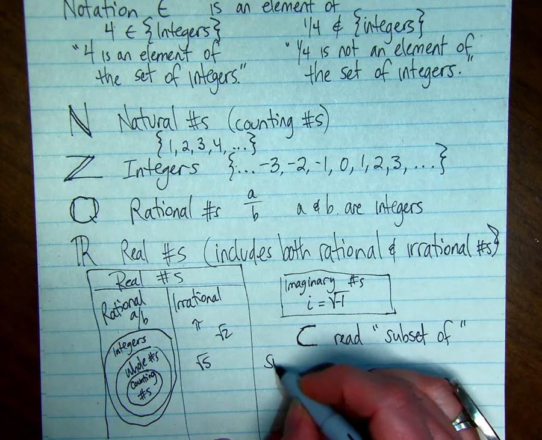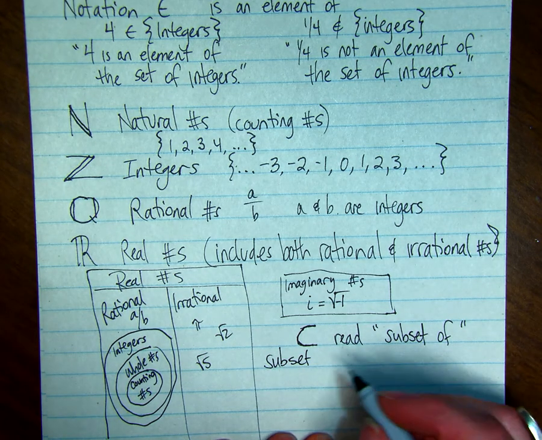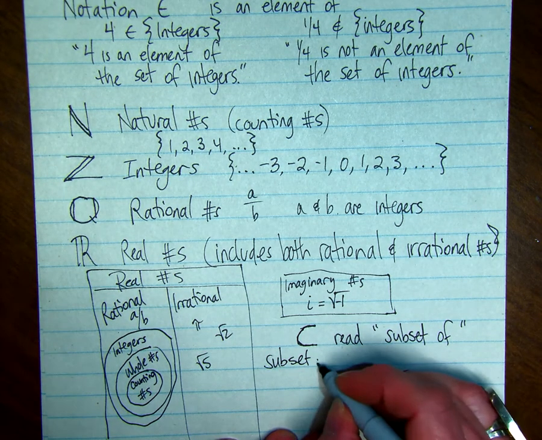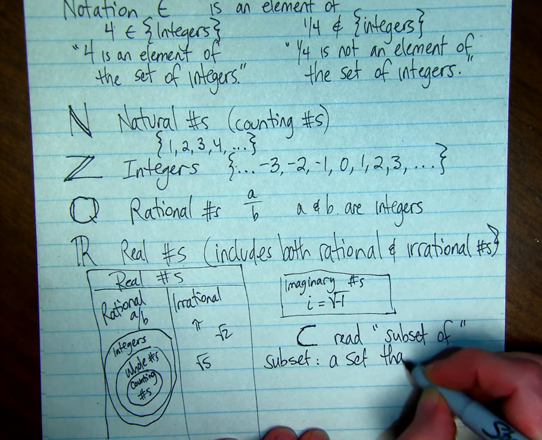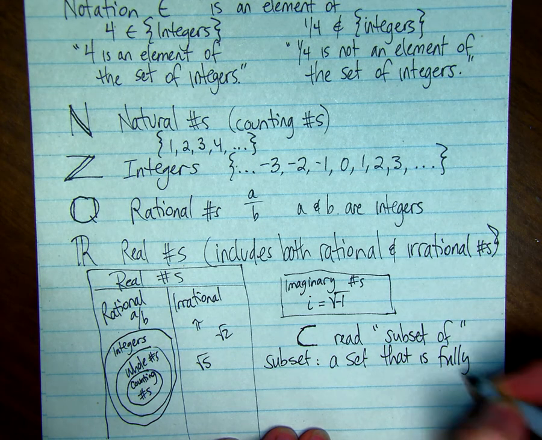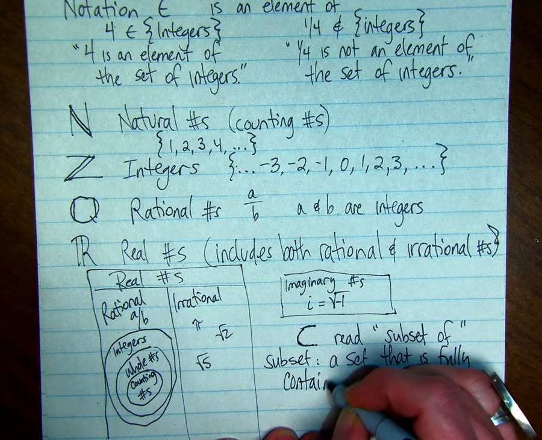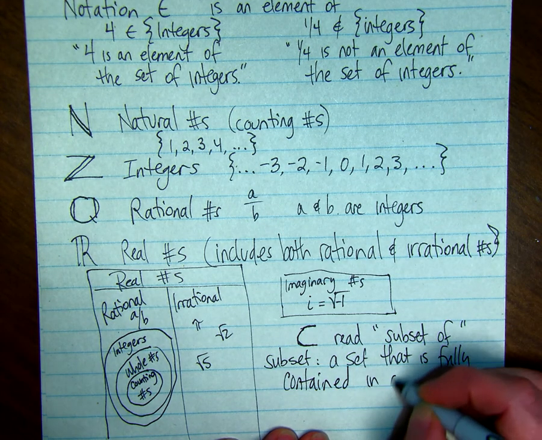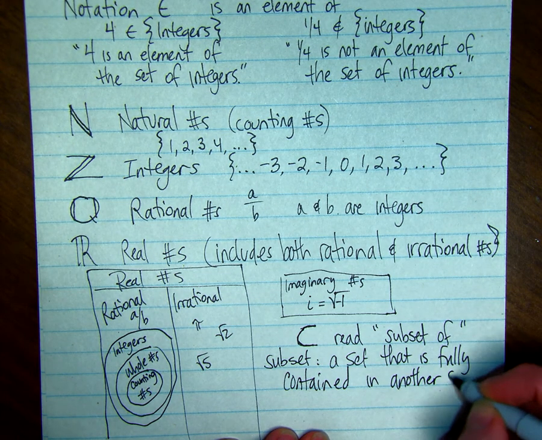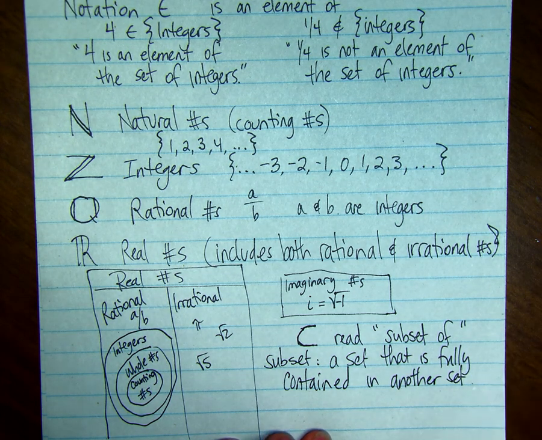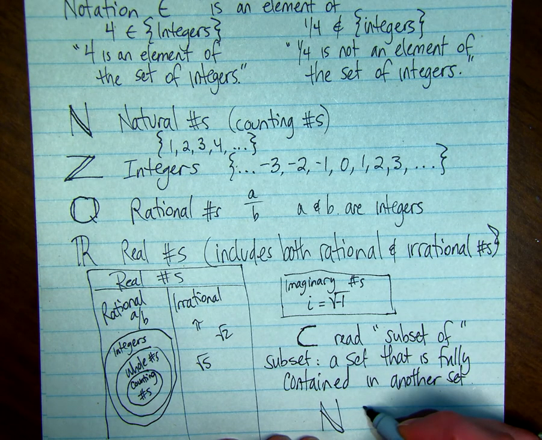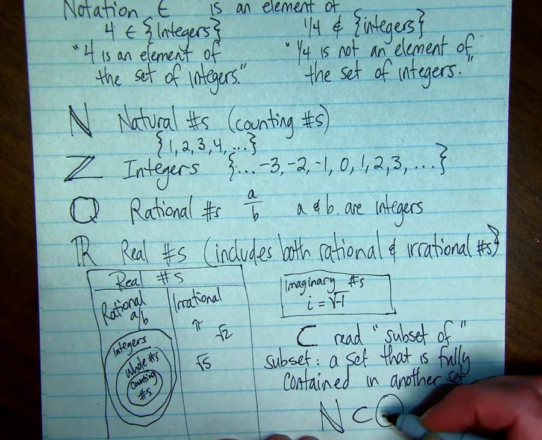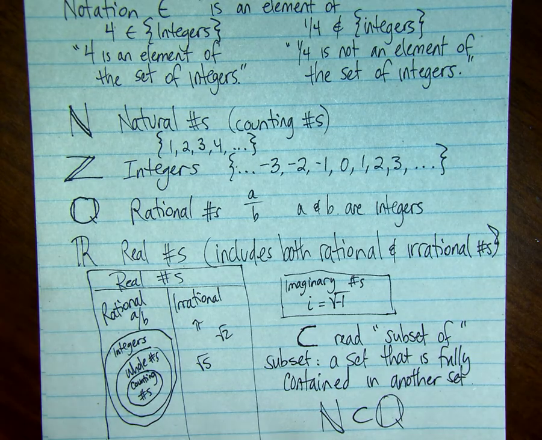A subset is just a set that is fully contained in another set. So we could say the set of natural numbers is fully contained in the set of rational numbers.